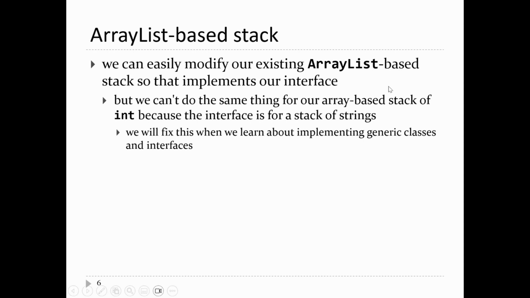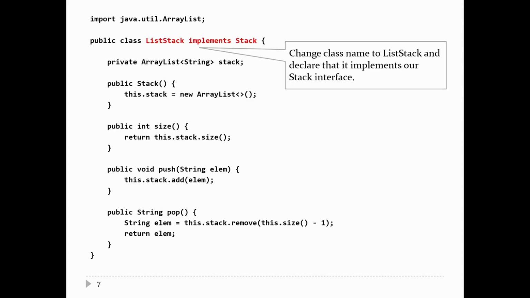All right, so we have an array list-based stack, and we have an array-based stack. We can change both of them easily to implement the interface. So our list-based stack, we can change it to implement the interface just by saying it implements the Stack interface. And that's it, you're done. You don't have to do anything else.